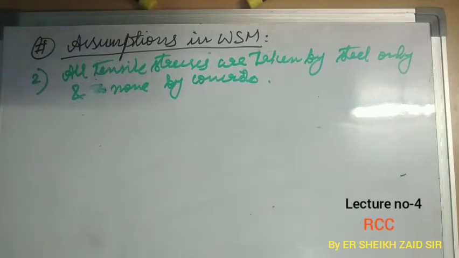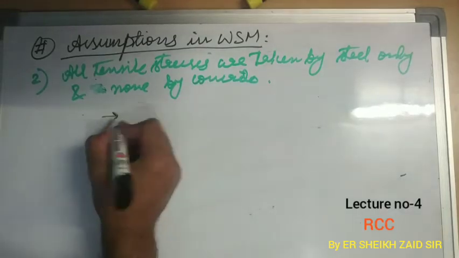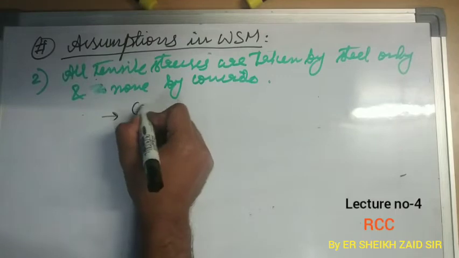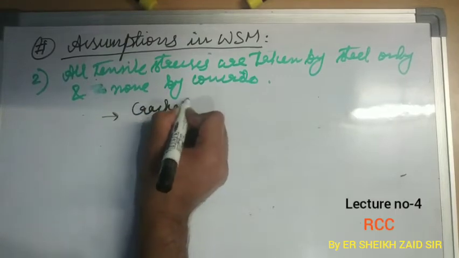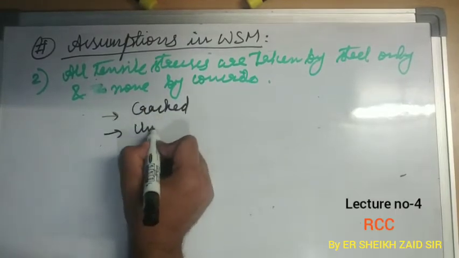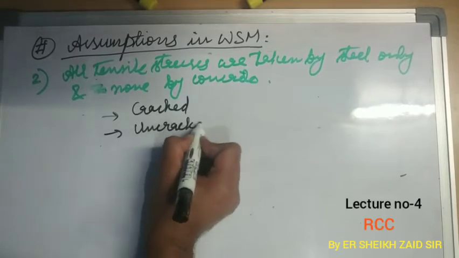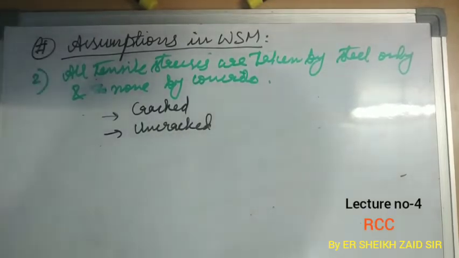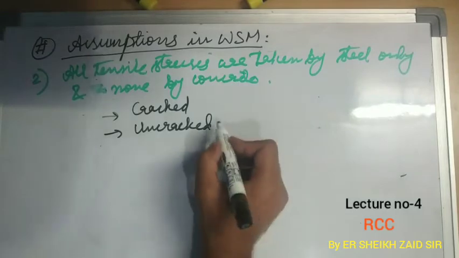Based on stresses developed in concrete, the section may be considered as cracked or uncracked. So there are two sections, one is cracked and another is uncracked. What is an uncracked section?